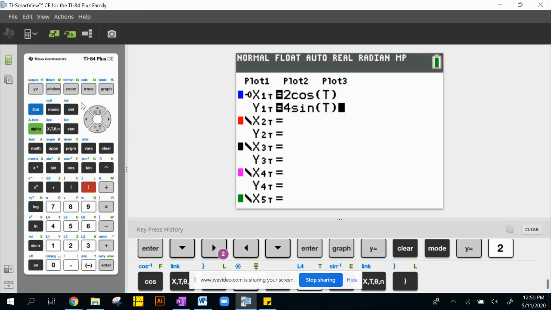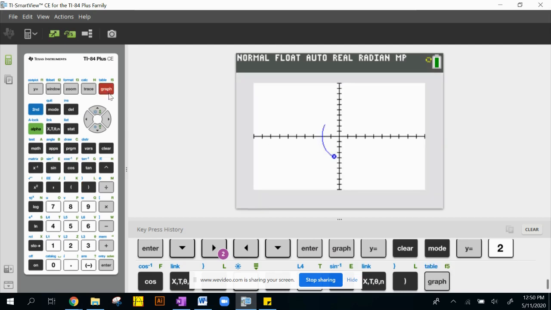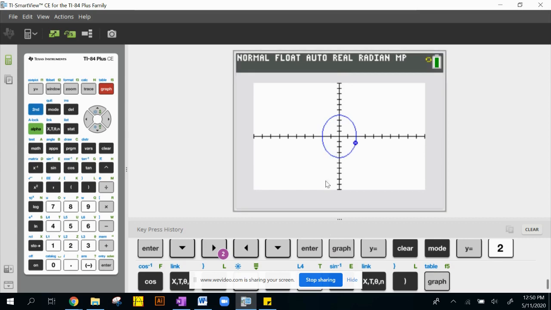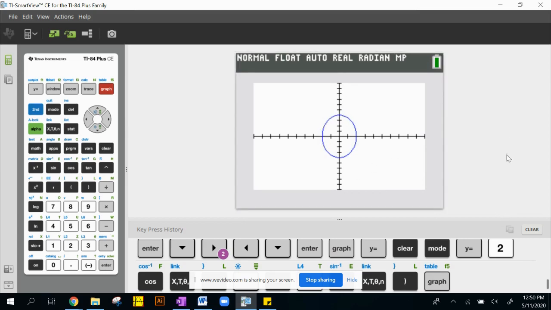That should be good because we just need 2 pi to go around a full circle. So I'll graph this, and there we go. Kind of a cool way to graph an ellipse. And notice it's continuing on because I started at -10 and went to +10, so my circle kept going. So there's graphing our parametric equations with theta as our parameter.